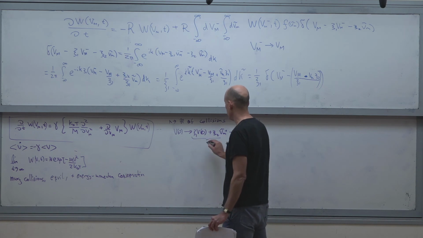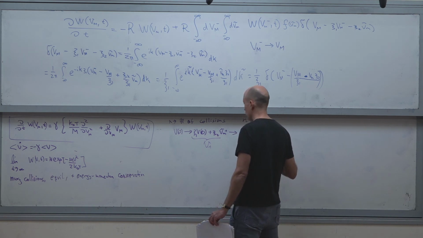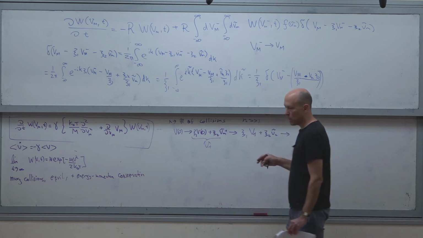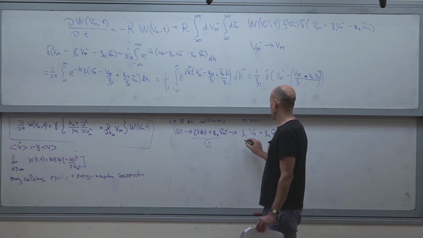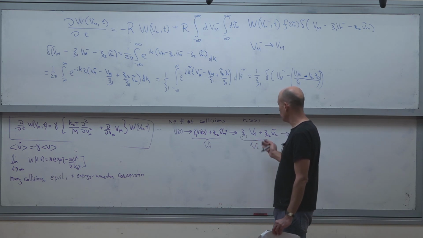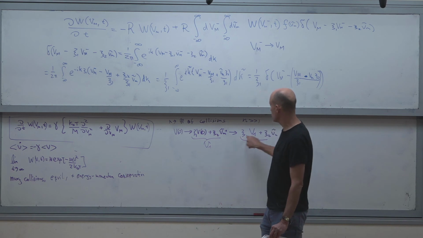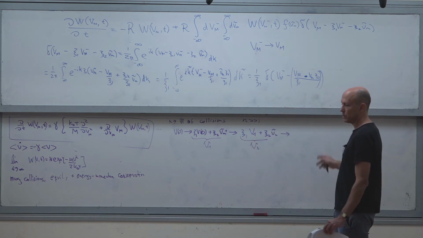Call all this capital V1. This goes to V1 psi1 plus psi2 Vm2, etc. Each time you collide the particle, you don't care when, this will be the velocity of the tracer particle after 2 collisions. So you need to use this V1 in here, and then you get V3, V4, V5, etc.